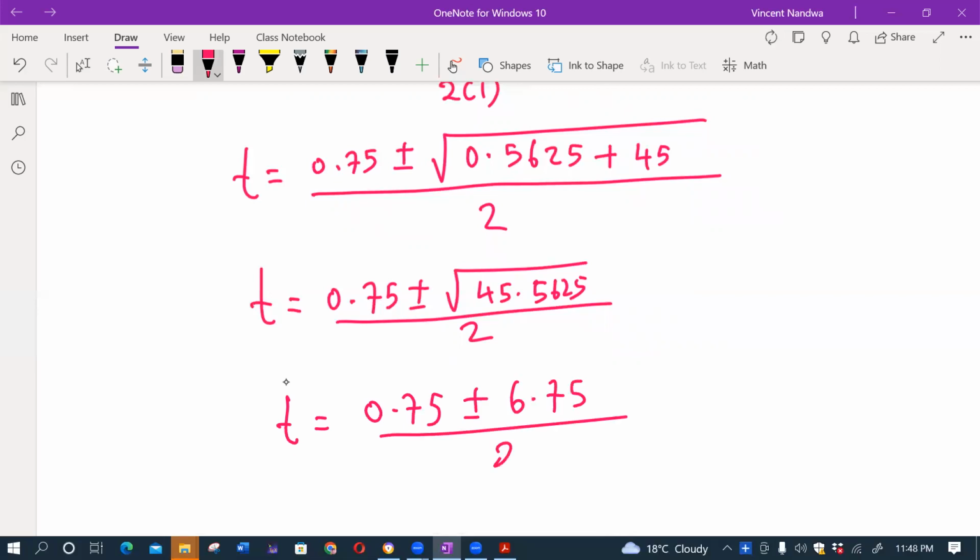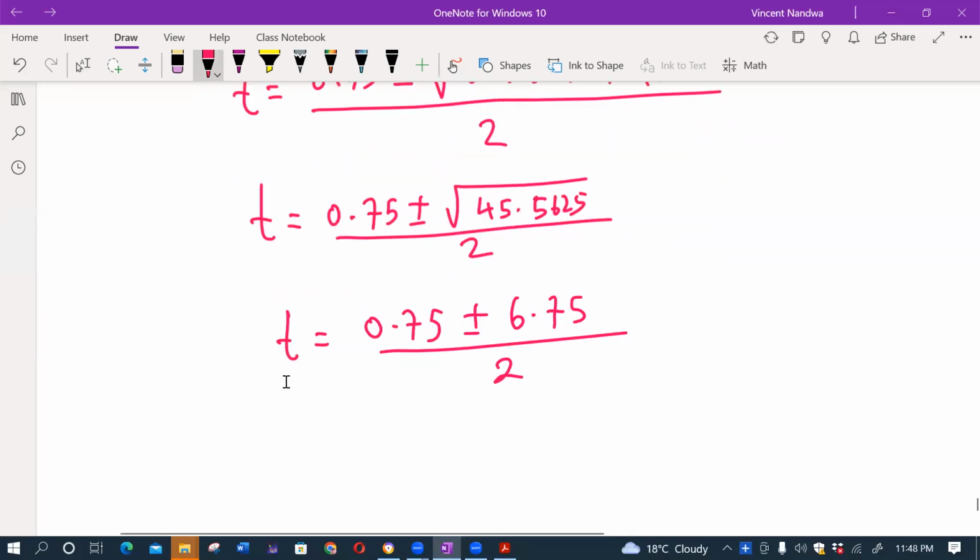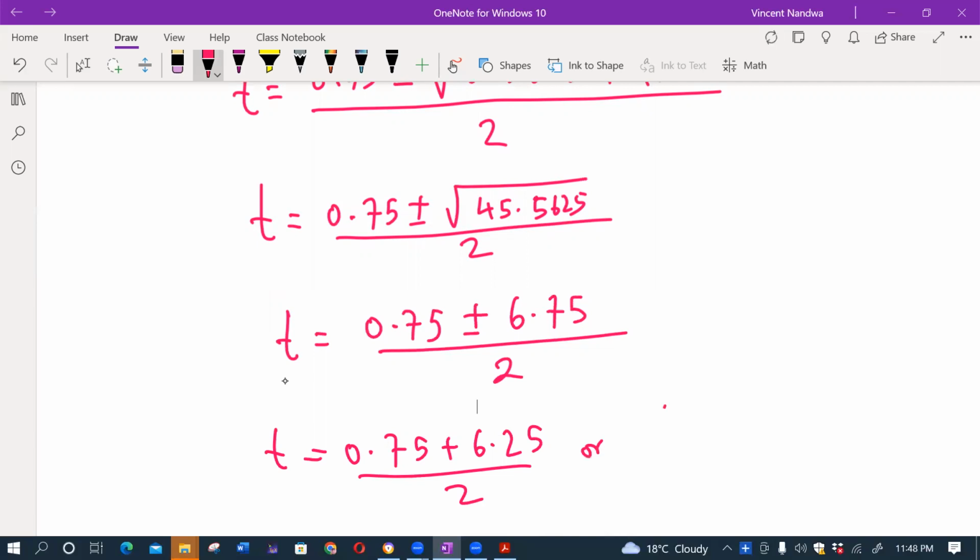So t will be 0.75 plus 6.75 divided by 2, or t will be 0.75 minus 6.75 divided by 2.